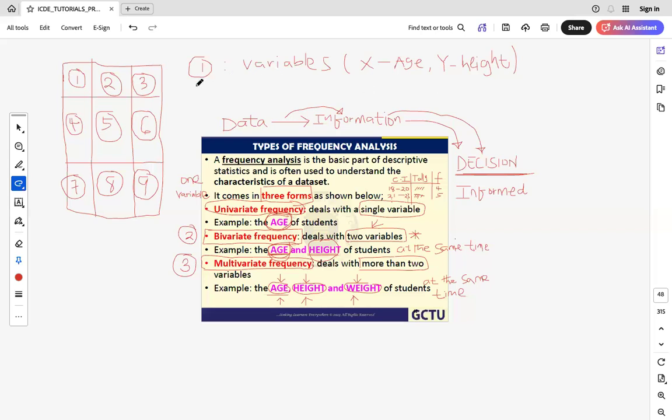And then from there, we'll label a second area called area number 2, which is also going to house the class intervals of X. Just as you have class intervals in the univariate frequency, this one also will house the class intervals of X. That's area number 2.